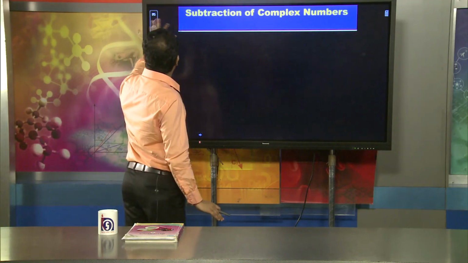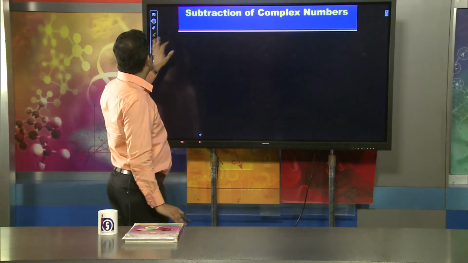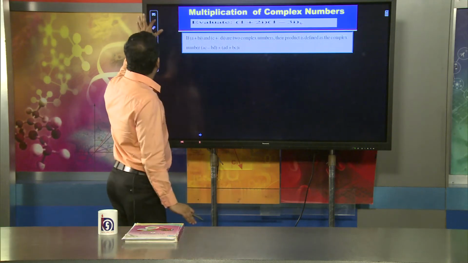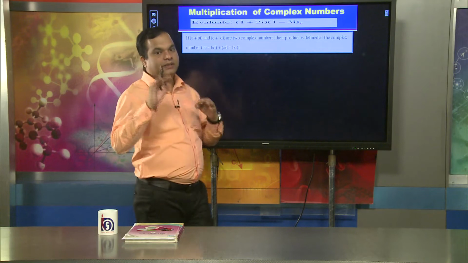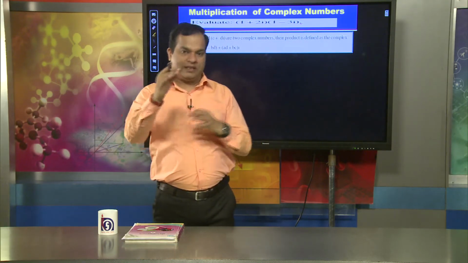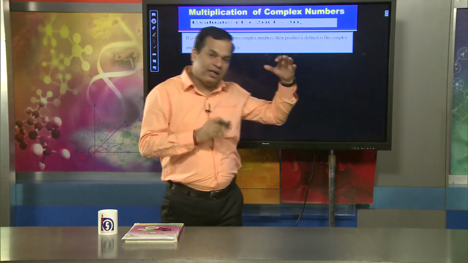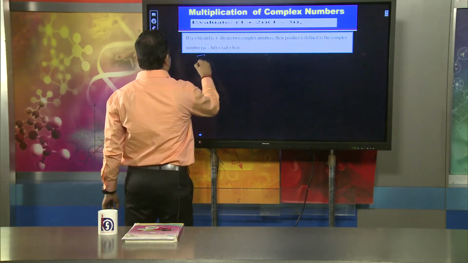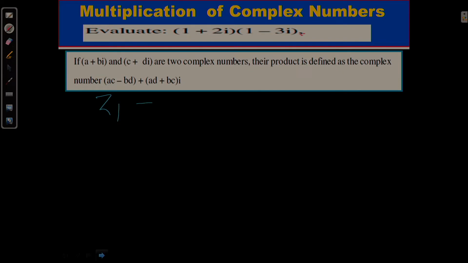But right now we will move to the third operation, which is very important: the multiplication of complex numbers. For multiplication, there is, to some extent, a difference from the addition and subtraction part. Suppose Z1 is the complex number A plus Bi, and Z2 is another complex number, C plus Di.